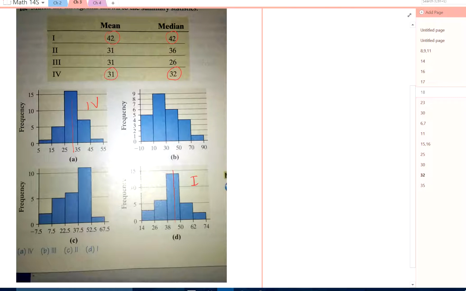Because the mean and the median are the same. And if it's skewed to the right, that means I'm going to have the median and the mean to the right. So which one has a bigger mean? So median is 26 roughly, and the mean is 31. Okay, so I drew it further than it showed.